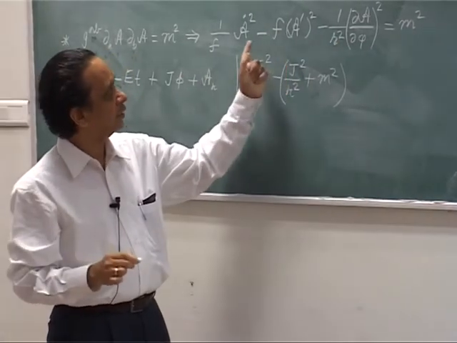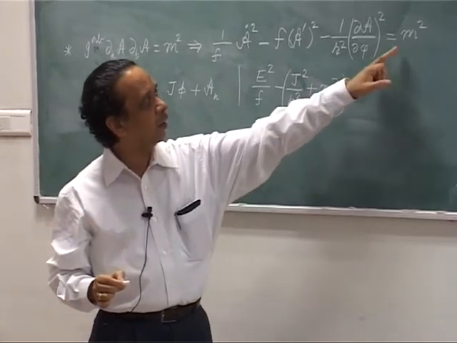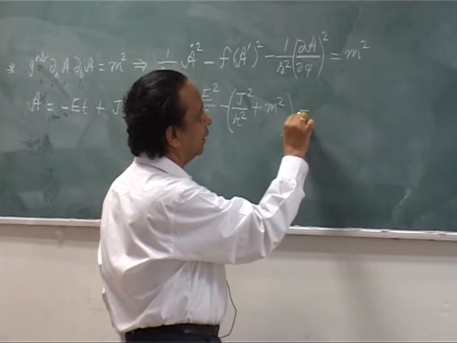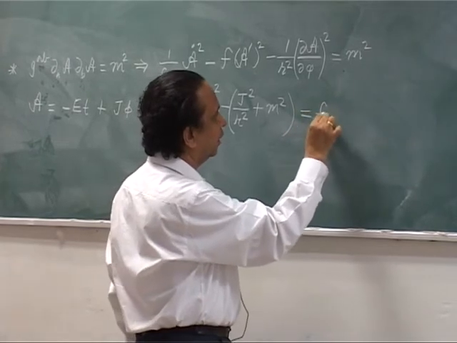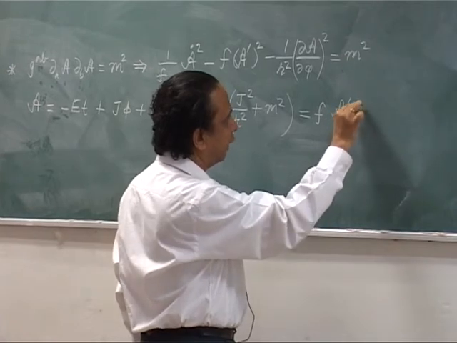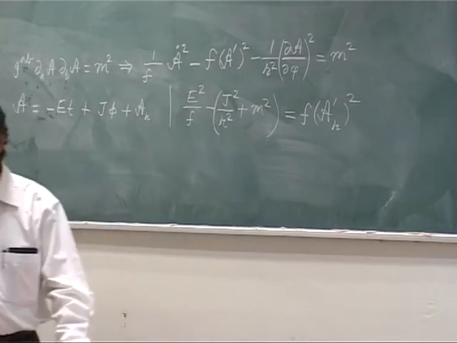I brought the m square to this side, I retained this term, and I am going to move this to that side, times f (AR prime) square. This is what you get.